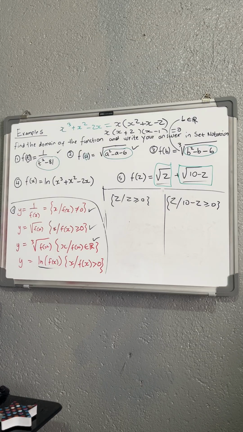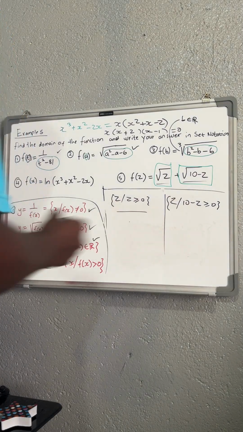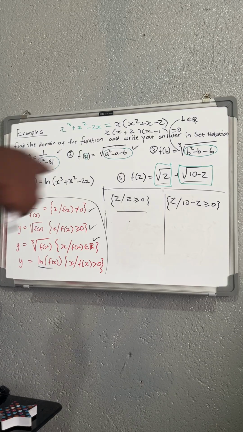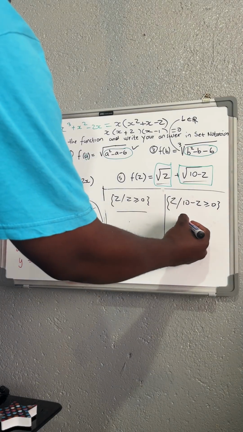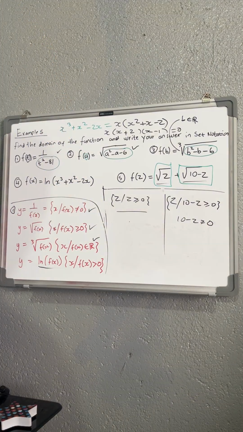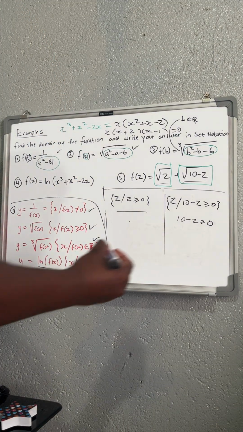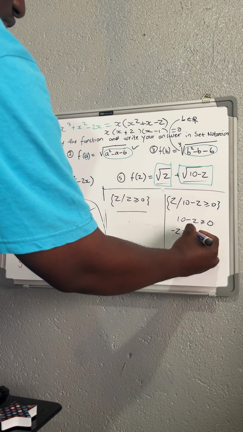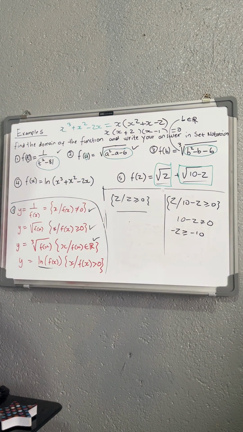From the first one, we already know the answer, but for this one we have to at least try to solve it further. So we have 10 minus z is greater than or equal to 0, so minus z is greater than or equal to minus 10.